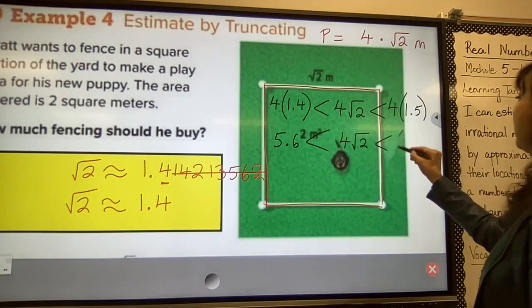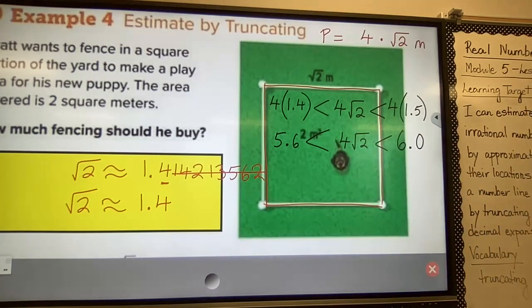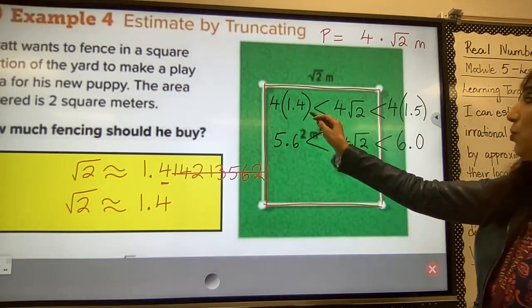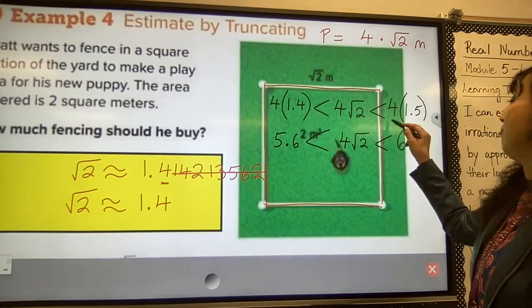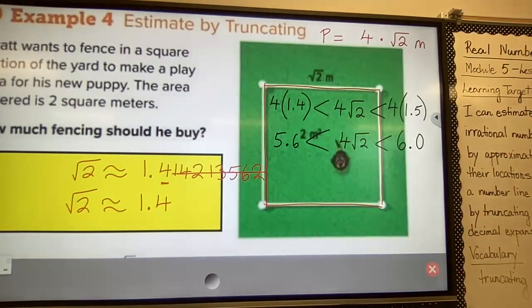I'm going to get 6, or 6 and 0/10, same thing. All right, so after multiplying, this is what I get. Okay, so 4 times 1 and 4/10 is 5 and 6/10, and 4 times 1 and 5/10 is going to give me 6. All right, so Wyatt will need between 5 and 6/10 and 6 meters of fencing.